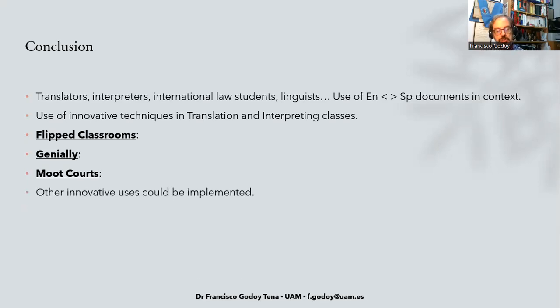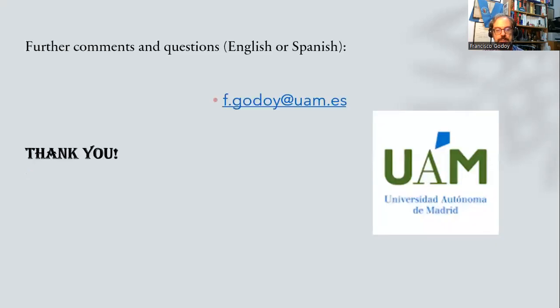And then we can introduce other innovative uses that can be implemented, and that would be further studied and explained in the written document after this presentation. And then, another important aspect is that legal translation should be really meaningful and with a variety of possible activities for students of all sorts.